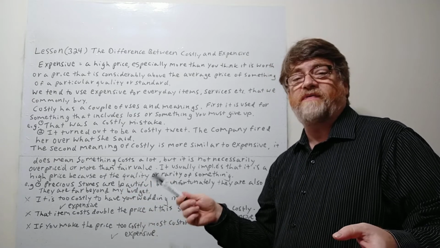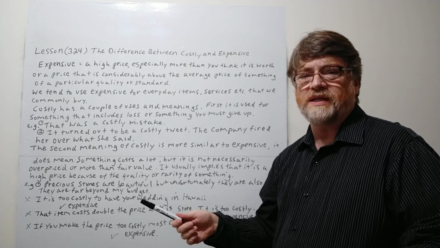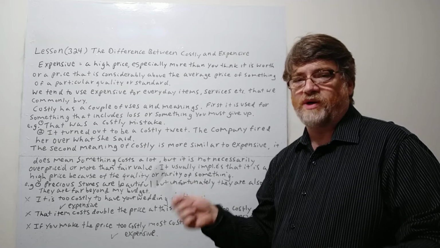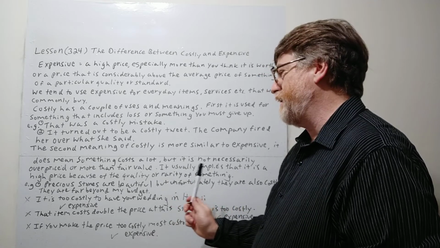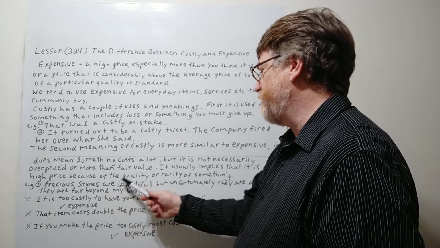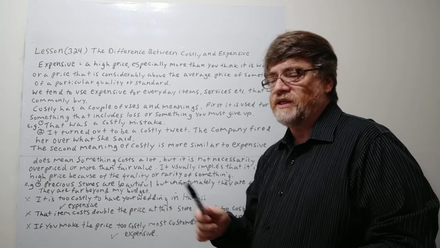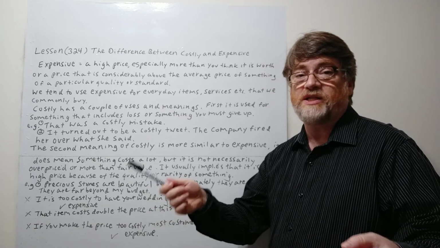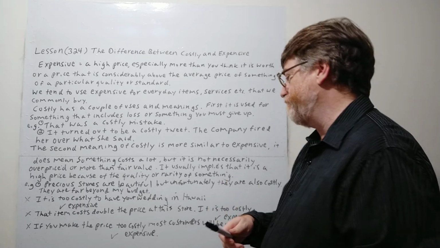It may actually be fair value for what it is, but when you're saying it's costly, it's a high price, probably more than you can afford to pay. So it usually implies that it is a high price because of the quality or rarity of something. In this sense, you might think, well, it's the high price, but that's just the way it is with this particular item or service.